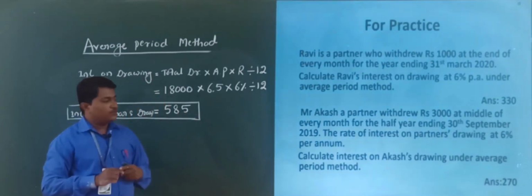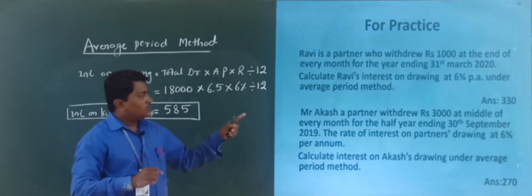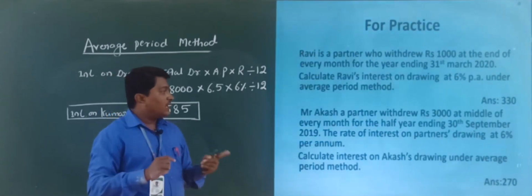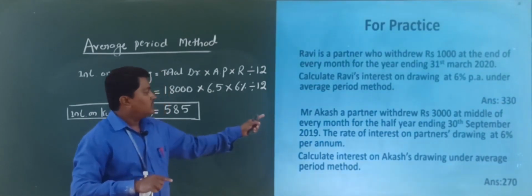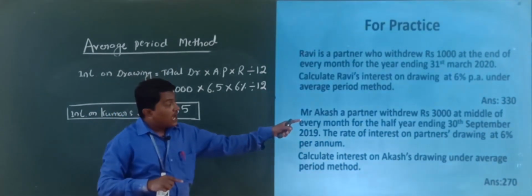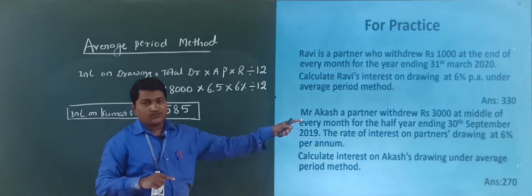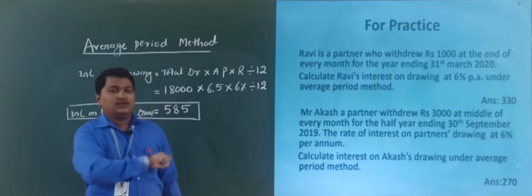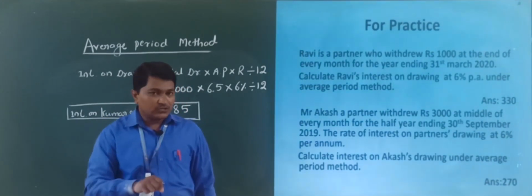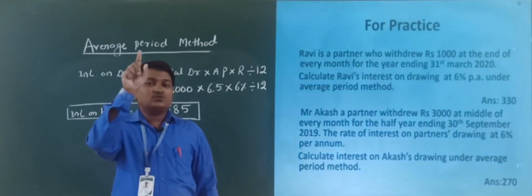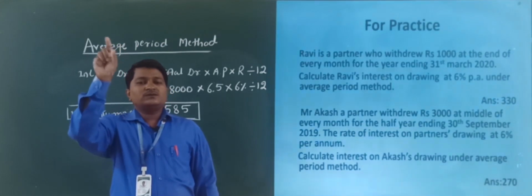Come to this problem. Mr. Akash, a partner, withdrew rupees 3000 in the middle of every month for half year ending. So this is most important, half year ending. Half year ending means how to calculate total drawing? What is the formula? Total drawing is equal to amount into 12, 6 or 4.